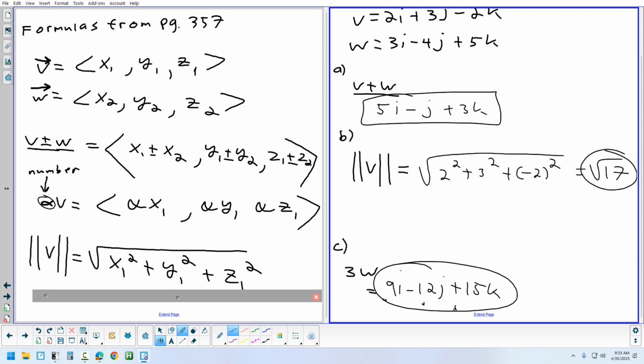But we don't really have any variables in 9i minus 12j plus 15k. We have letters, but they're not variables. So what is that? Well, it's a scalar product.